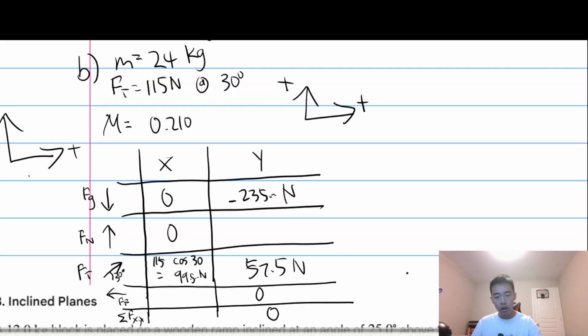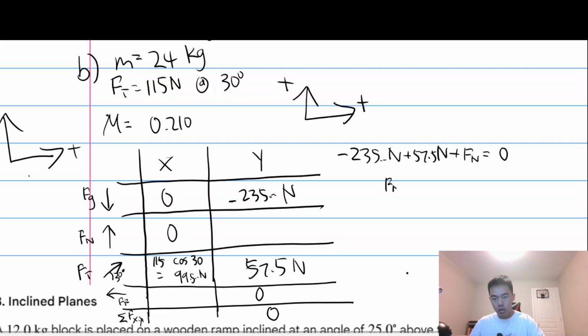And therefore, this table works out really nicely, because now we know that this sum of all the y values must equal 0, which means that negative 235 newtons plus 57.5 newtons plus normal force should equal 0, which means that normal force would be equal to, I'll just write it.